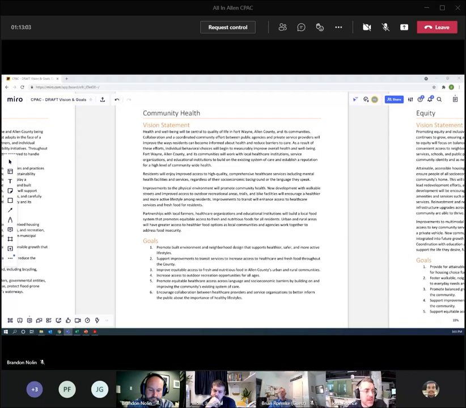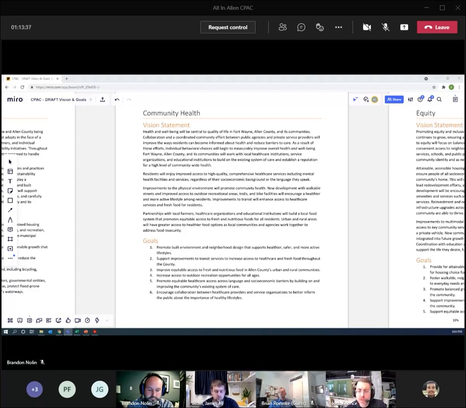It emphasizes a coordinated community effort between public agencies and private service providers, a focus on high quality healthcare services, and touches on some of those aspects of the physical environment like walkability and bikeability that contribute to community health. There's a discussion of farm health and educational partnerships, and then a focus on urban and rural areas and the need for better access to healthy food and health services when you're further out in the county.